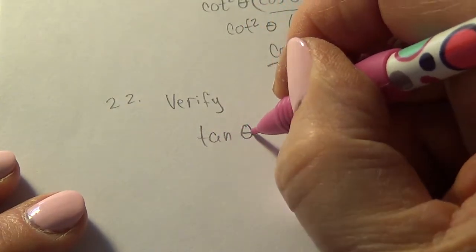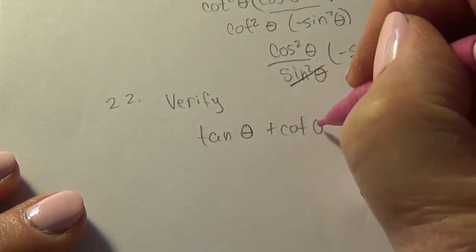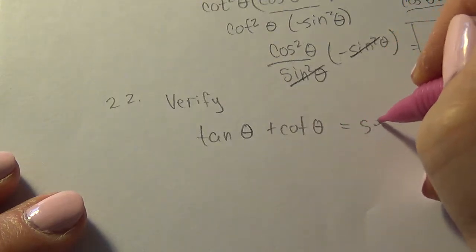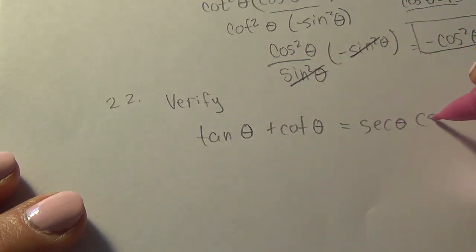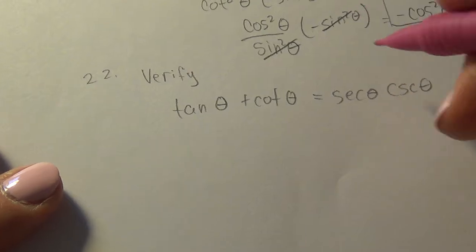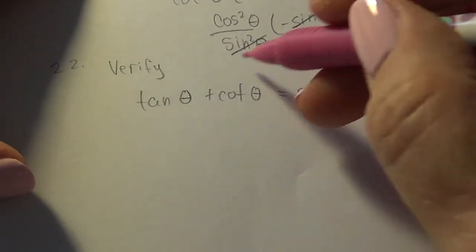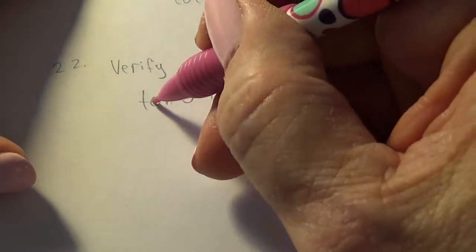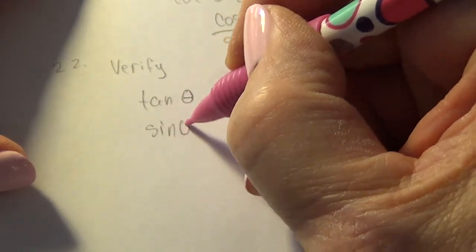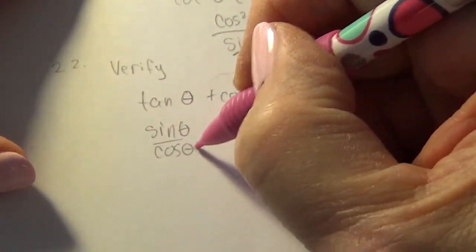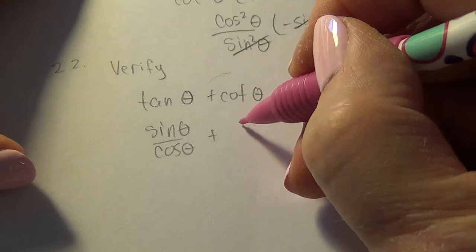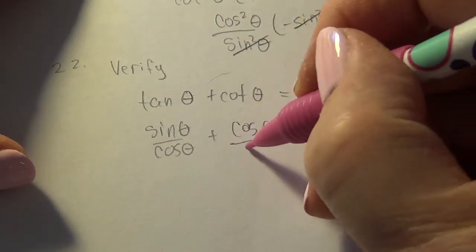Tangent theta plus cotangent theta equals secant theta cosecant theta. So the strategy I'm going to use is to switch everything to sine and cosine. Tangent is sine over cosine, and cotangent is cosine over sine.